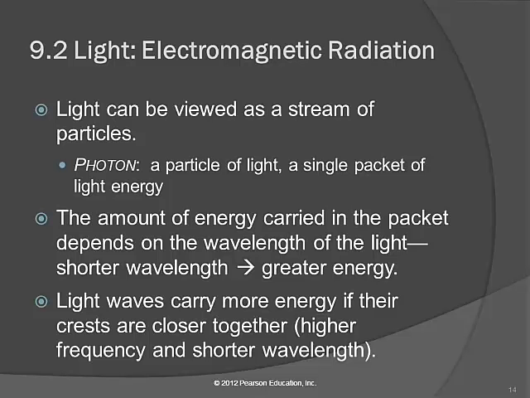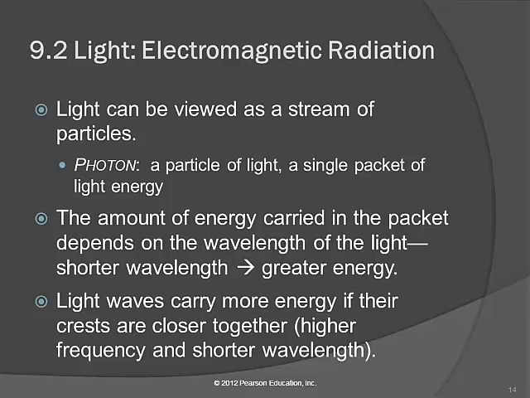So the red light has the longer wavelength, which is the low energy. And the violet light has the higher energy, which is the shorter wavelength. And they range from 400 nanometers to 750 nanometers.